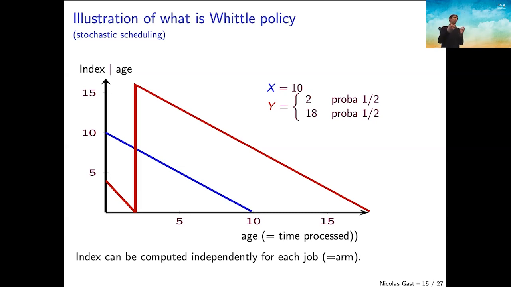You just say, I'm willing to try for 2 hours, but there is a 1/2 probability that I'll get to finish the job. And so this tells you, as the intuition says, that you should run the red job first, and then if it is not finished, it will jump to this index. In that case, you should start doing the blue.